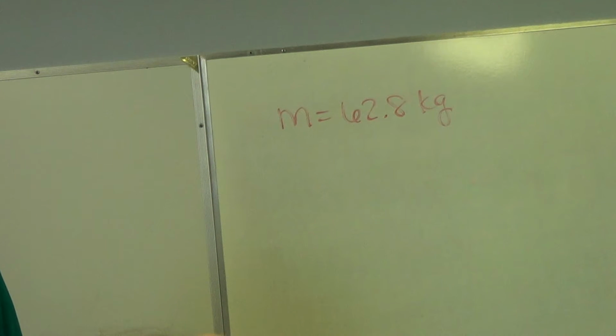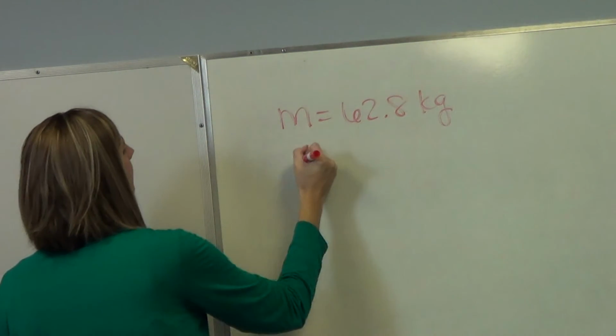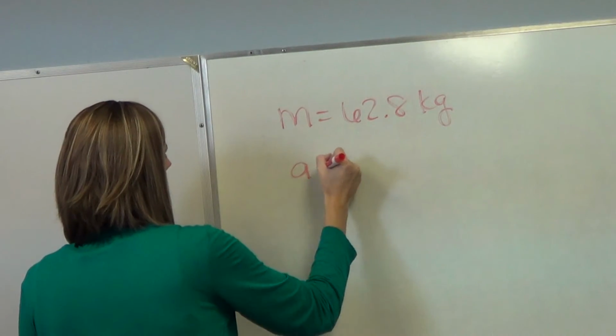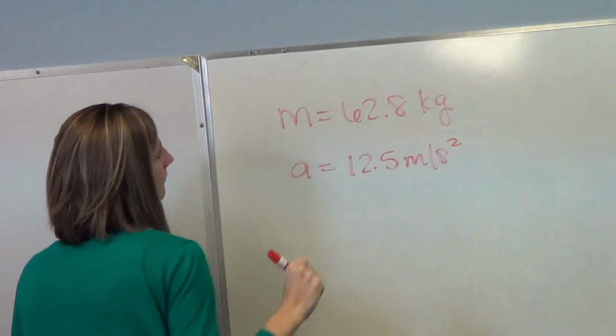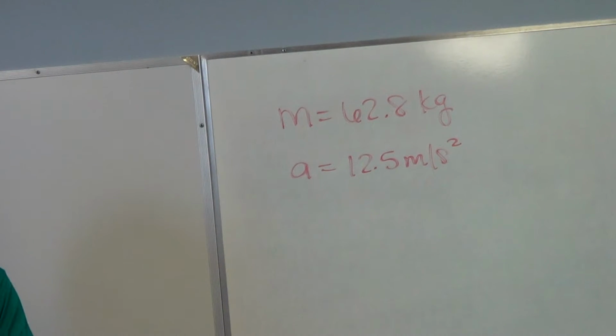She initially accelerates upward at 12.5 meters per second squared. What would this large upward force be if she's releasing her parachute? Air resistance, yes, good. Which I guess it says right here. Determine the amount of air resistance that she encounters.